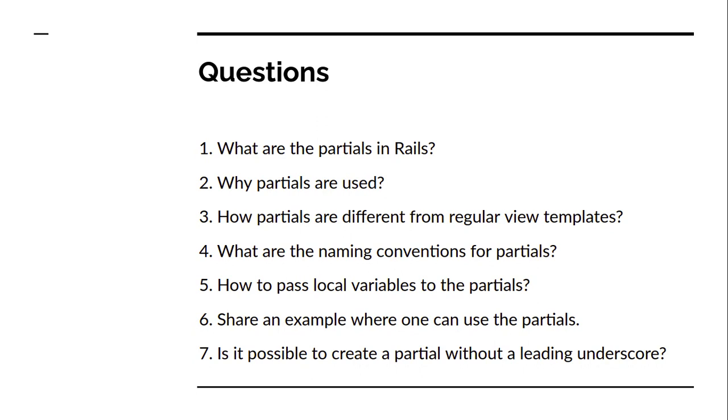And the fifth question is how to pass local variables to partials. And we saw two different ways of passing local variables to a partial. And one of the most important questions that can be asked frequently: share an example where one can use partials. Okay, and is it possible to create a partial without a leading underscore? No, it is not possible. Why? Because this underscore makes the partial different from regular view templates.